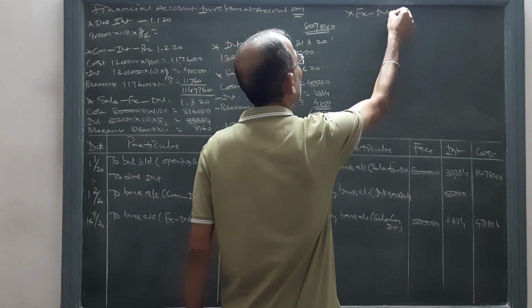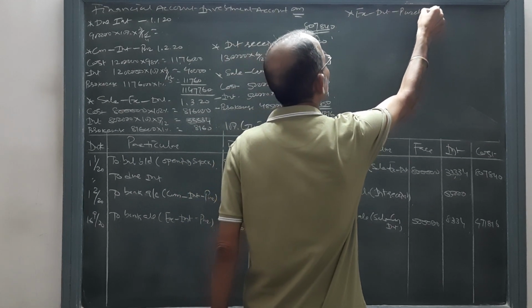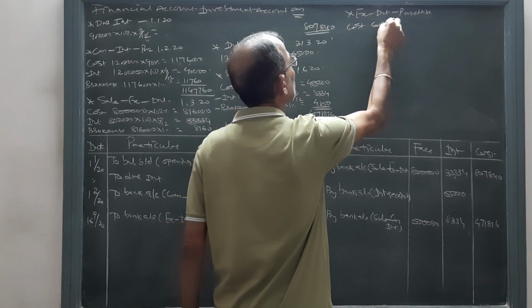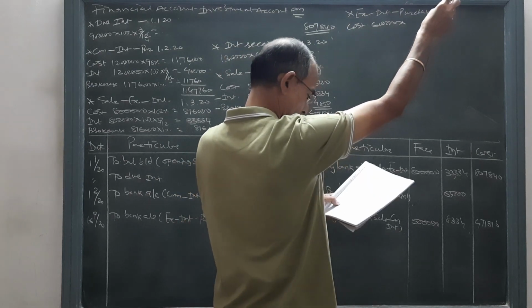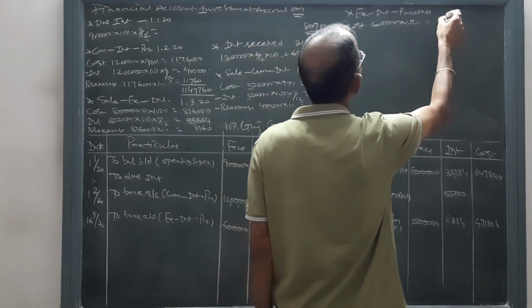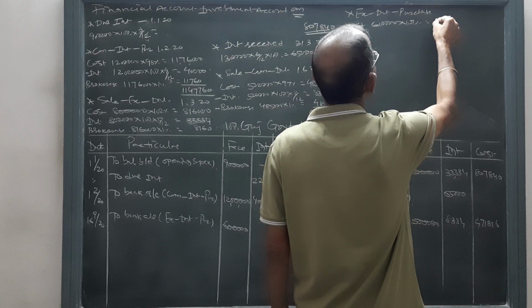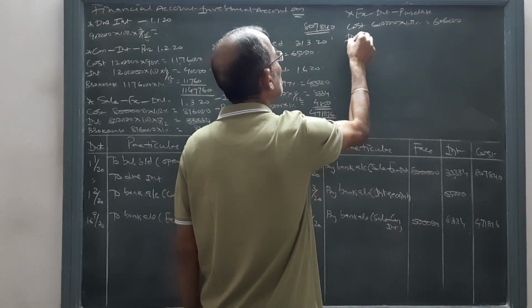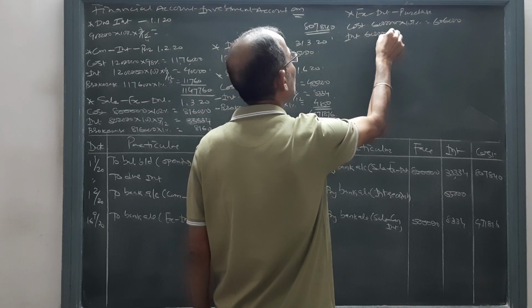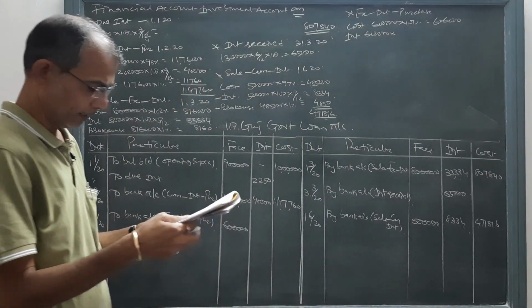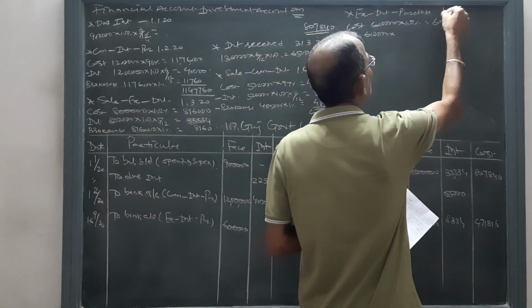Ex interest purchase cost price, that is 101% of 6 lakh, 6 lakh and 6,000. Interest: the purchase date is 16th September.